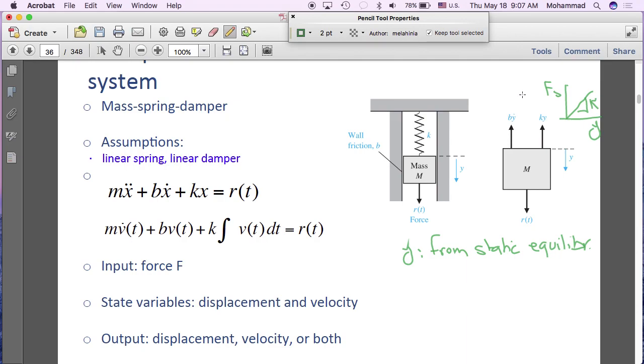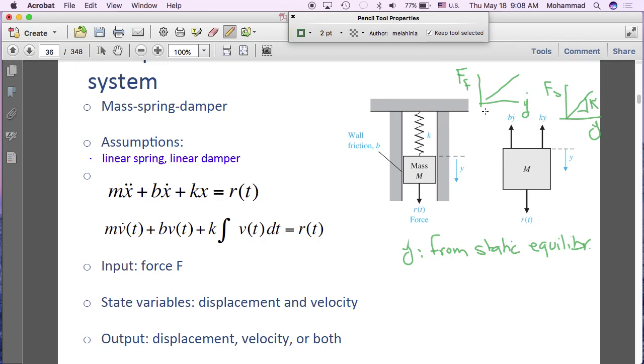So we are saying the friction force, like the force of a spring, is proportional, but not proportional to how much it moves. It's proportional to how fast it moves. So again, if you want to plot this force of friction, it's a linear behavior, but it's proportional to y dot, which is the speed.